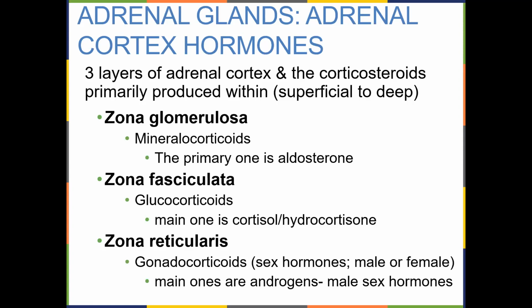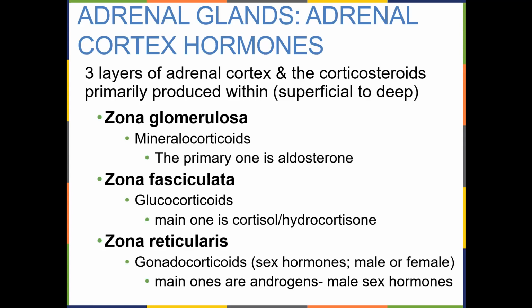So we have aldosterone. The middle layer of the cortex is called the zona fasciculata, and it produces the glucocorticoids, cortisol, cortisone. You've heard of these. Hydrocortisone. This is the zona fasciculata. The mineralocorticoids regulate fluid levels. The glucocorticoids regulate glucose levels.